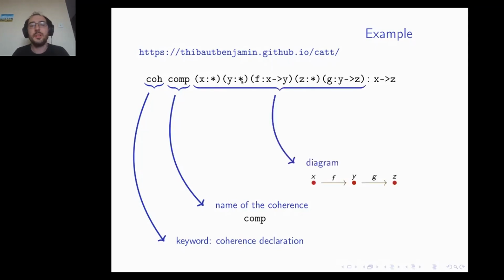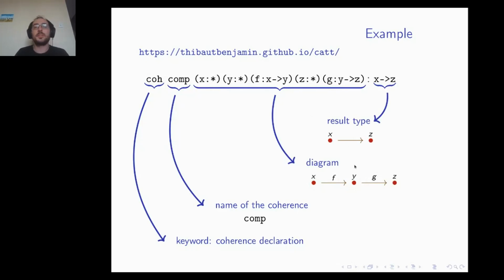And you can really read them as a diagram. So here you have x of type star, and I'll just draw a point x instead, and y of type star, I'll draw a point y. And then you have f of type x to y, and I'll draw this as an arrow from x to y. So here it looks like a graph, but these are more general diagrams that you can describe like this. And then you have a result type.